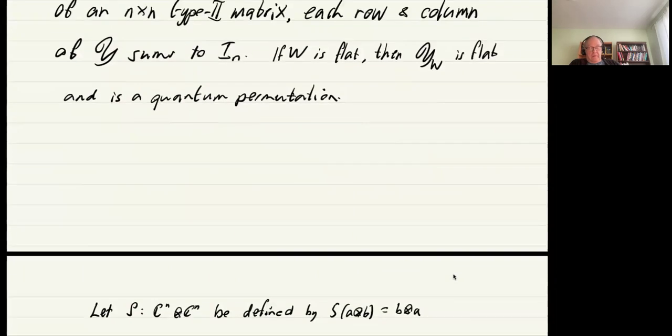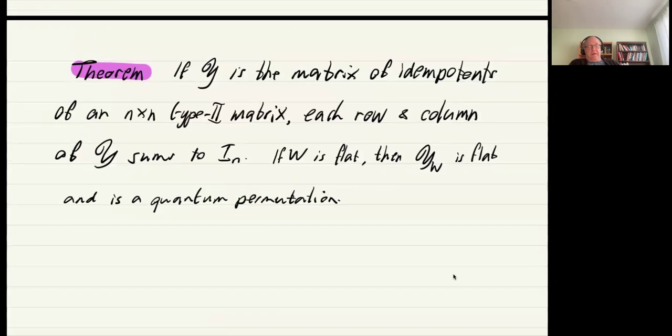And so the consequence of this is that Y_W, the matrix of idempotents of an n by n type 2 matrix, has each row and column summing to the identity, and if W is flat, then the matrix of idempotents is flat, and hence it's a quantum permutation.